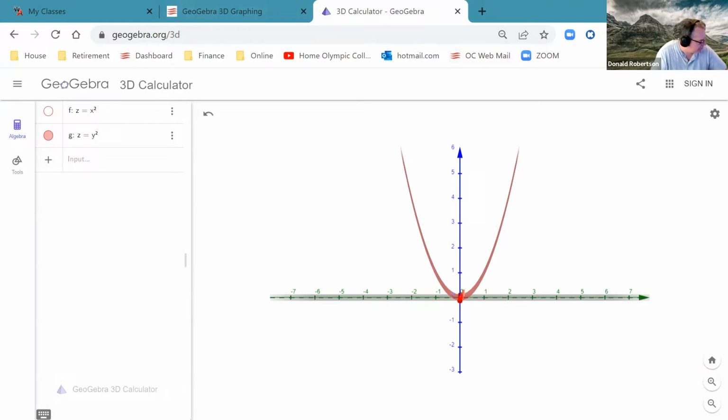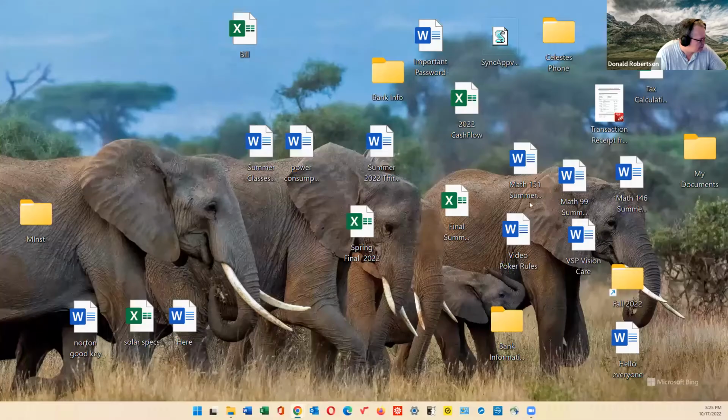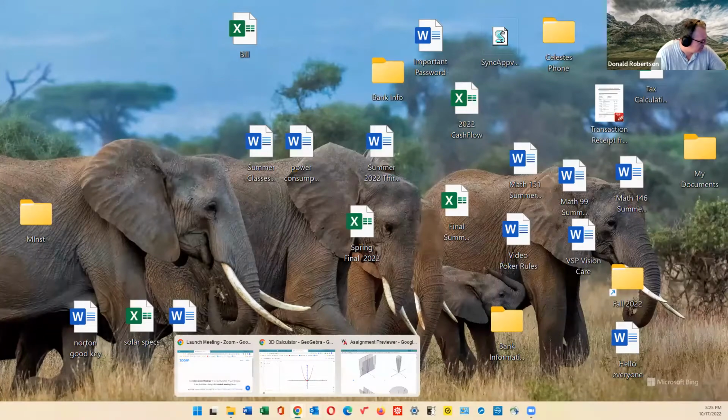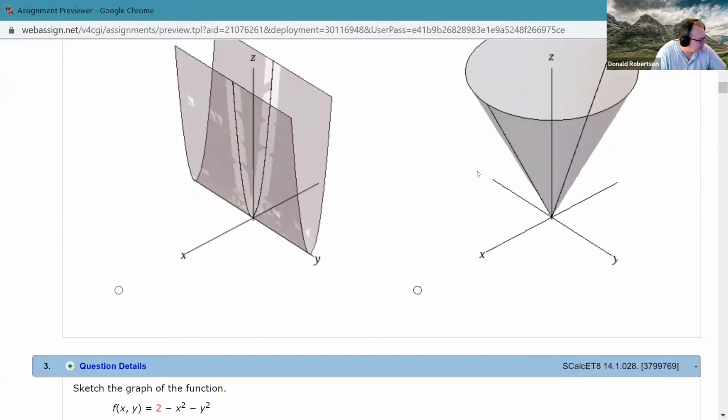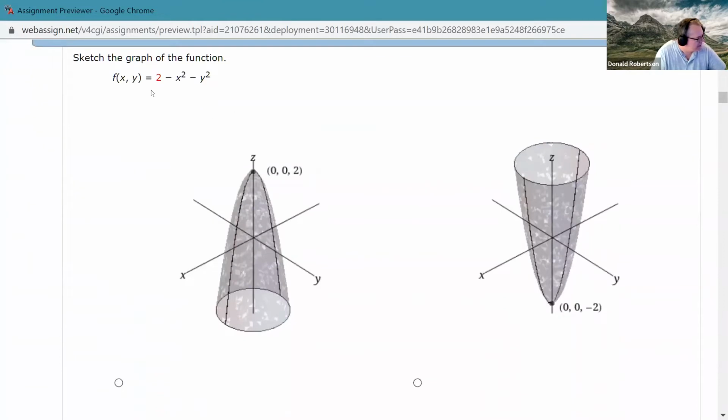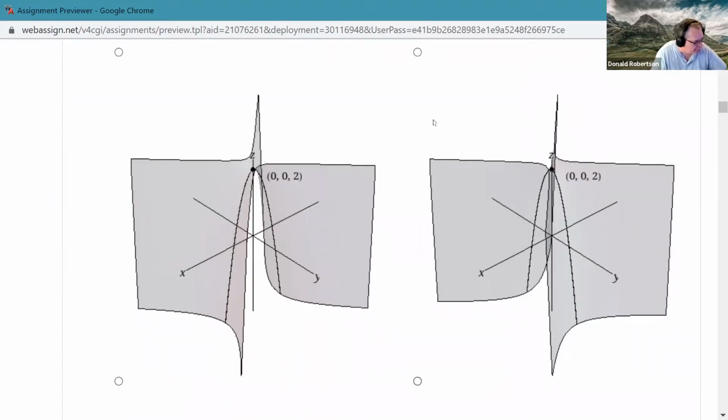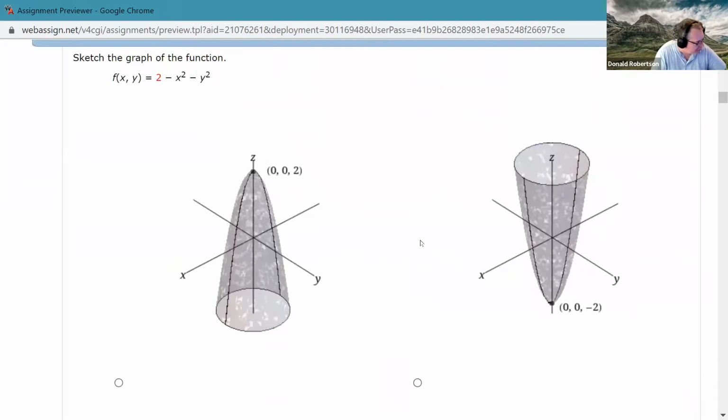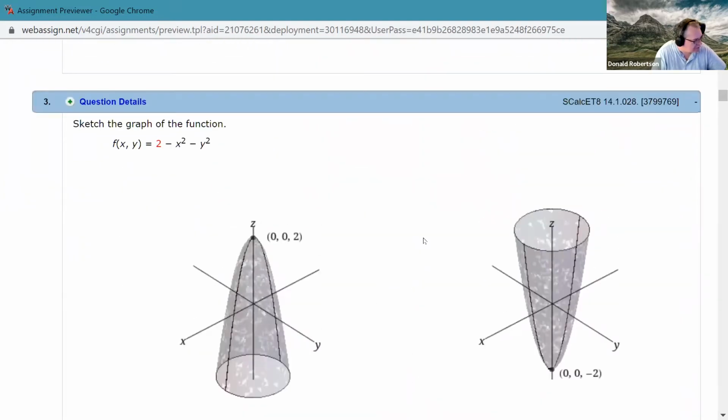Now I need to go hunting for our guy. Suppose you wanted to do this fella: 2 take away x squared, take away y squared. Essentially, you just put it into GeoGebra, and one of these four shapes is going to appear.